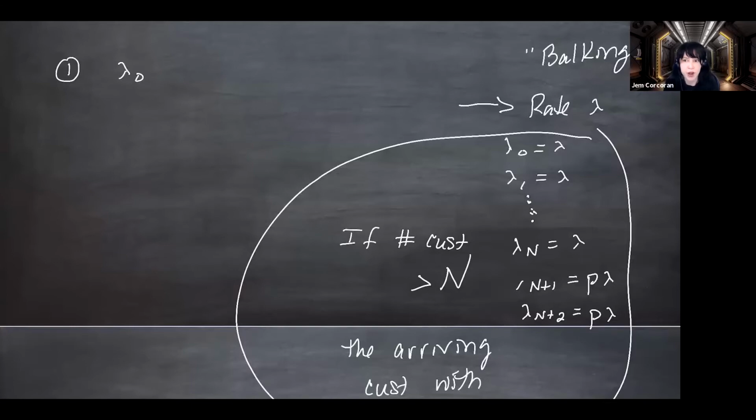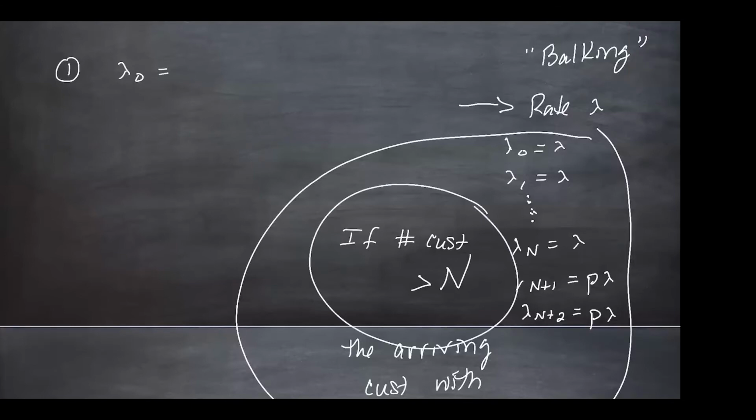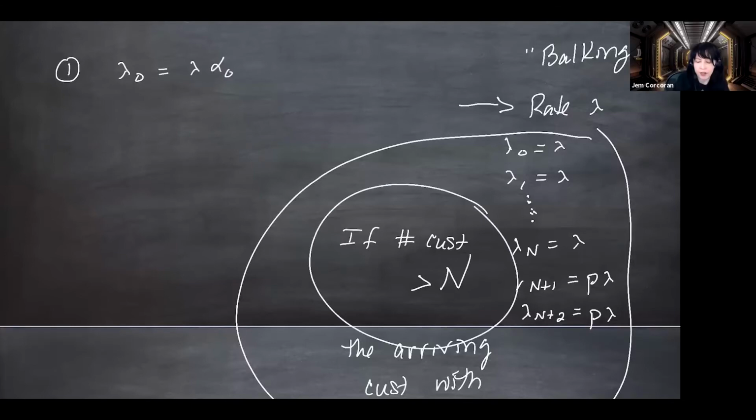It makes no sense in this problem because I didn't have this sort of cutoff, but the arrival rate is going to be lambda times alpha 0. That is the thinned-out fraction of the total rate. So that's the slower rate at which people are coming in than if you include all of the people, the ones that turned around as well.